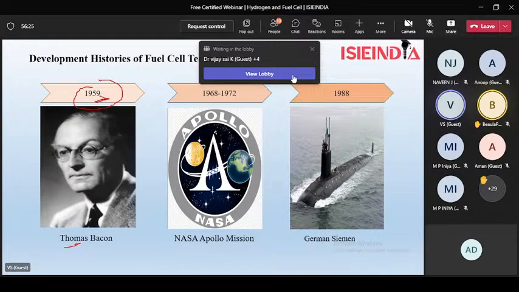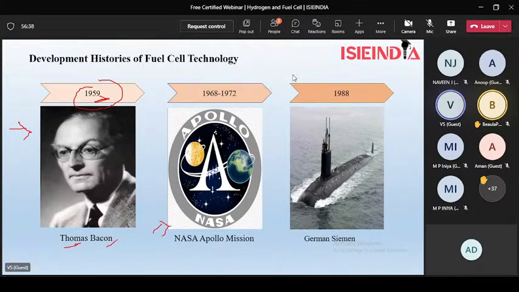So as we can see, the development of fuel cells was increasing, and due to the technology, NASA used the AFC fuel cells developed by Thomas Bacon from 1968 to 1972 in its NASA Apollo mission.